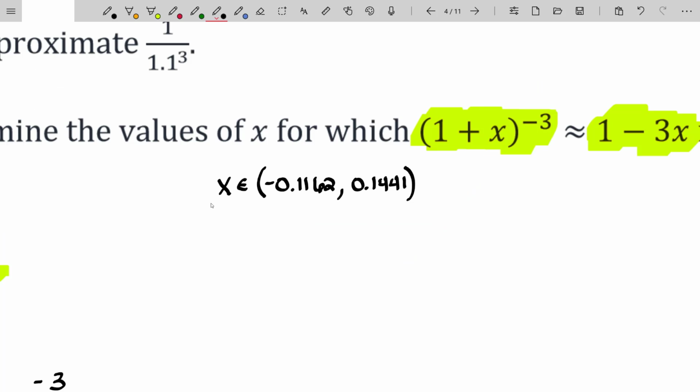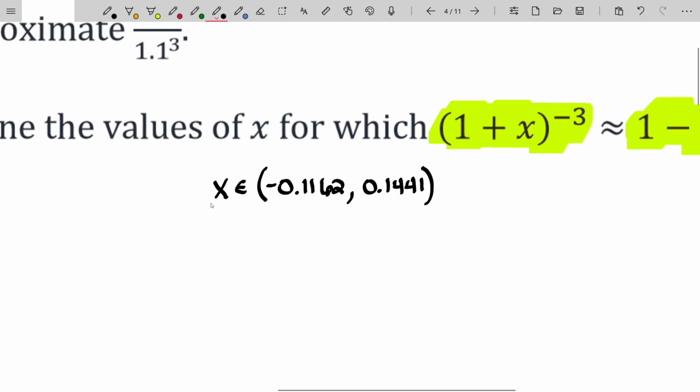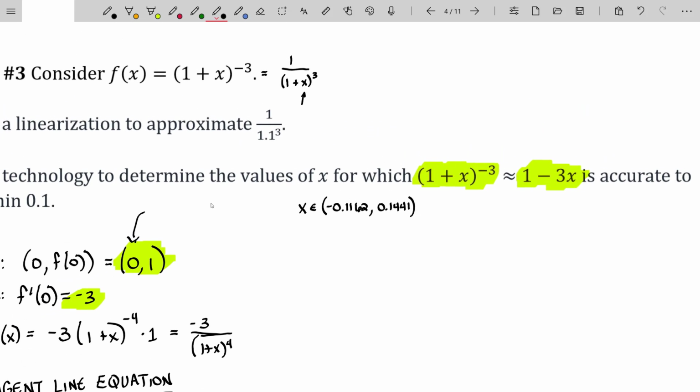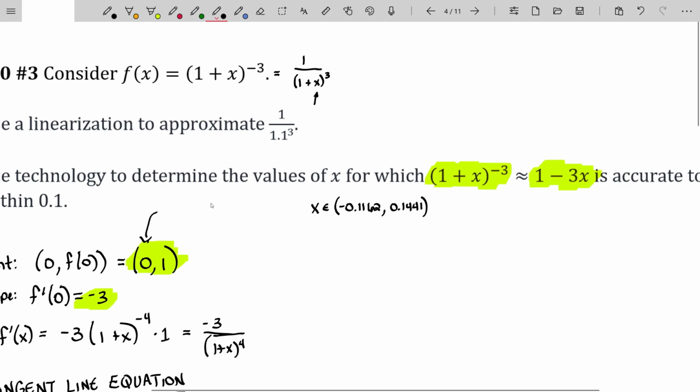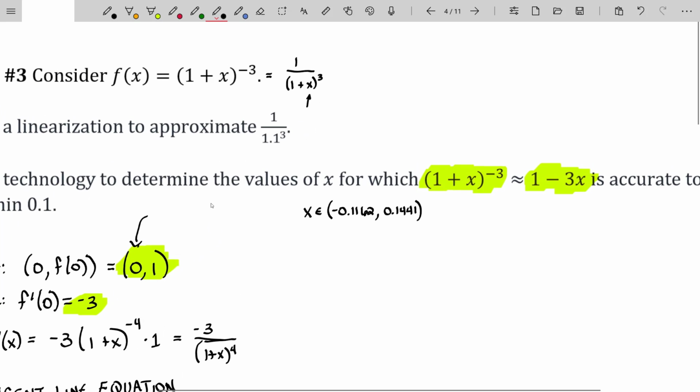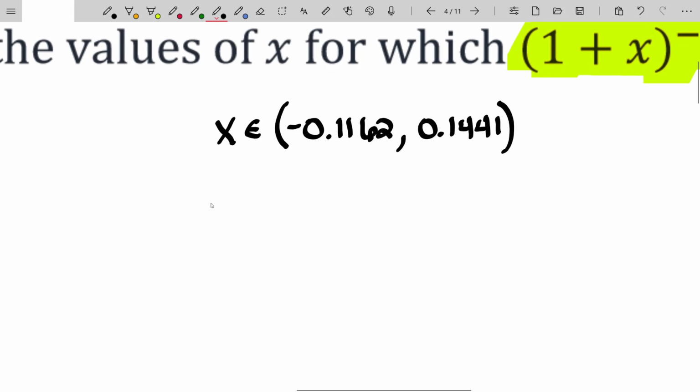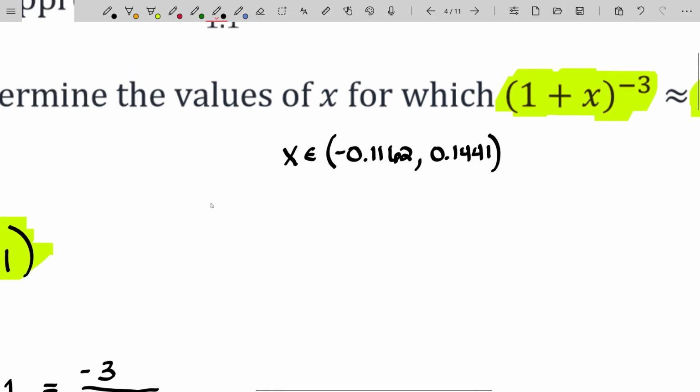And you can see, I'm just saying for which x values is our linear approximation accurate to our function within a value of 0.1. These x values in the interval from negative 0.1162 to 0.1441. What does that mean?